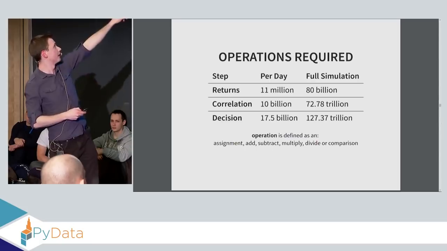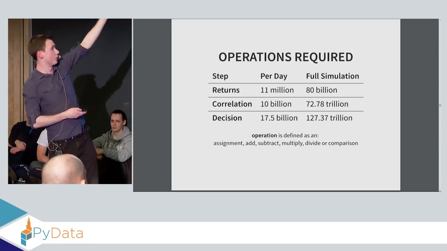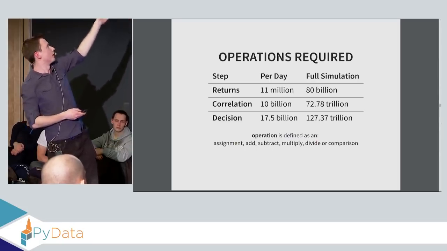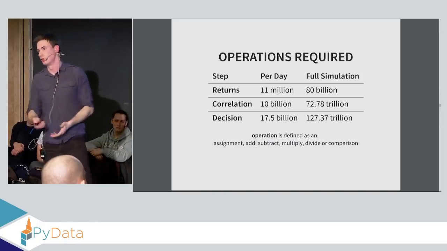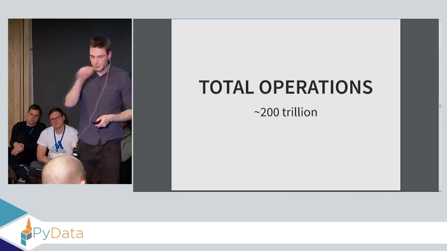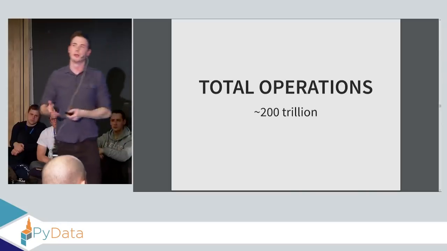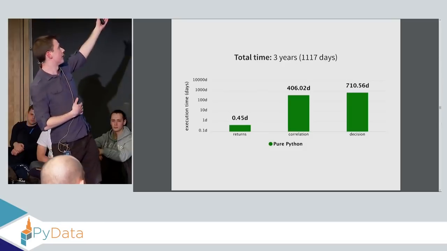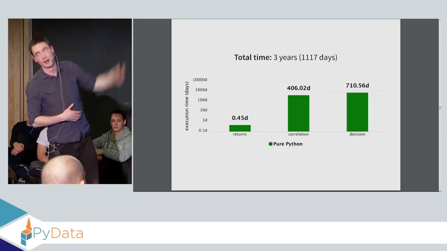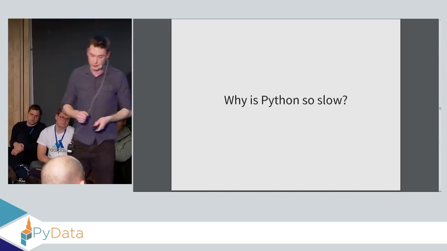For the full simulation, the return step is not that much, but the correlation and decision steps are truly huge, because a lot of them are using O(n²) and O(n³) algorithms. The total is about 200 million operations, which is a lot. When we break this down, the return step takes half a day, and the correlation and decision steps are where it really starts to slow down.